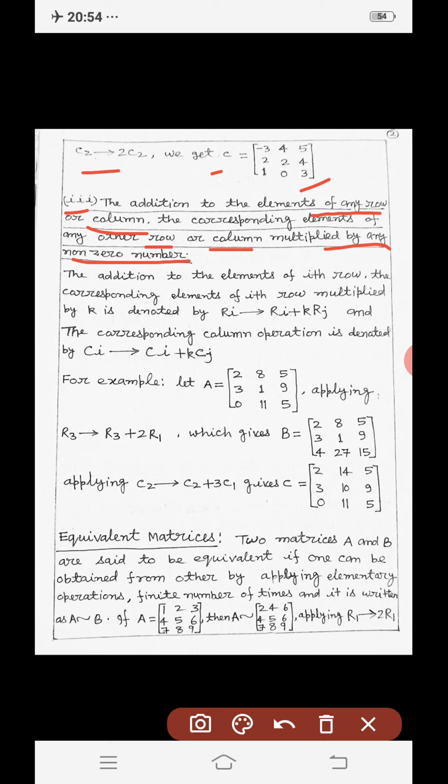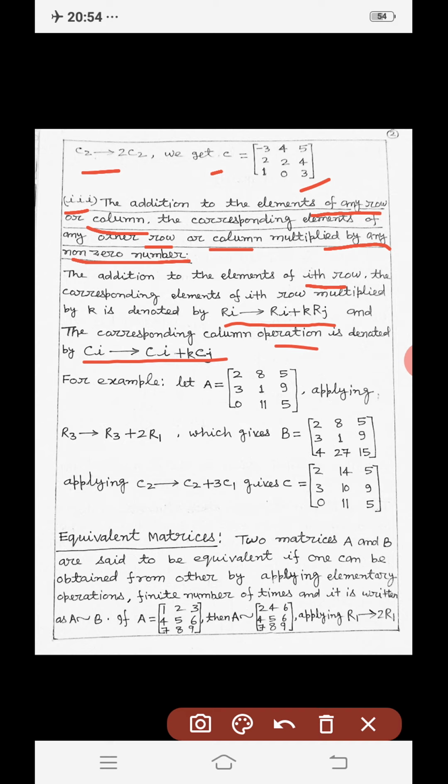Symbolically, the addition to the elements of ith row, the corresponding elements of jth row multiplied by k is denoted by Ri changes to Ri plus kRj, and the corresponding column operation is denoted by Ci changes to Ci plus kCj.